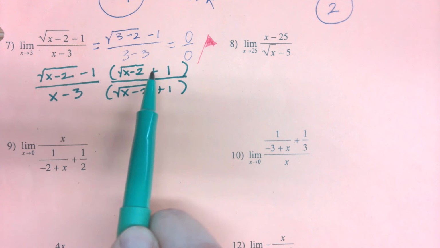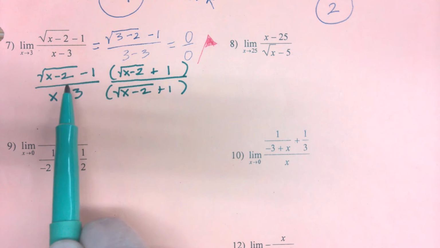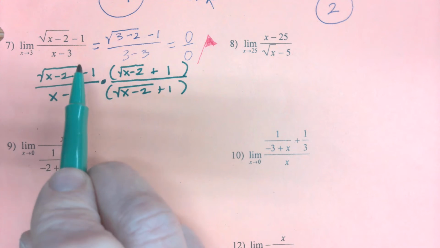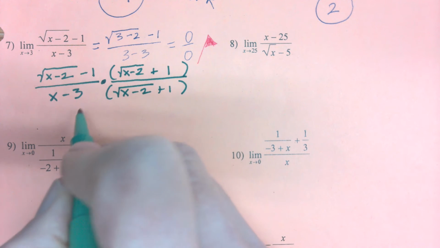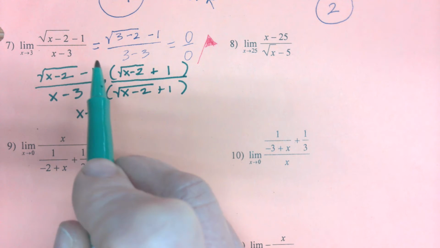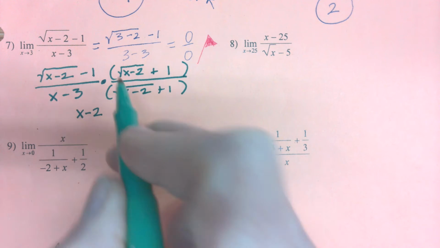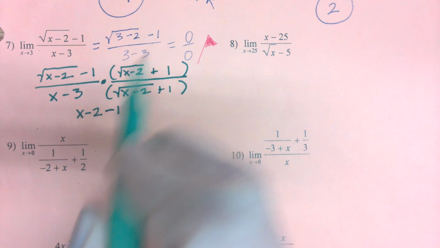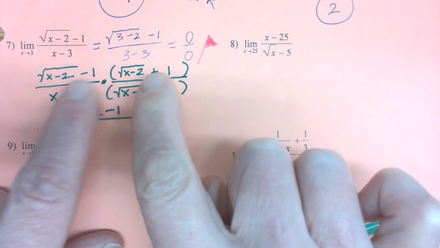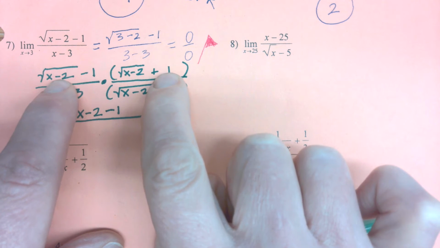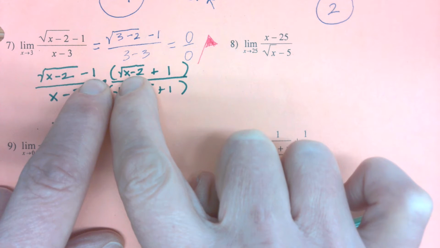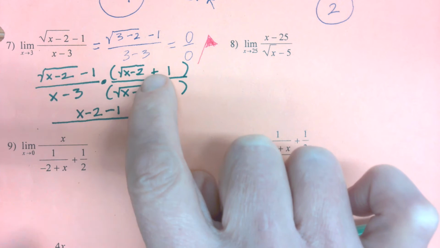But the whole point of doing that is going to help me on the top, because the square root of x minus 2 times the square root of x minus 2 will leave me with x minus 2, and the minus 1 plus 1 will leave me with minus 1. And the middle terms, the outer-inner combination, the square root of x minus 2 times 1 and the square root of x minus 2 times negative 1, are going to end up canceling each other out.